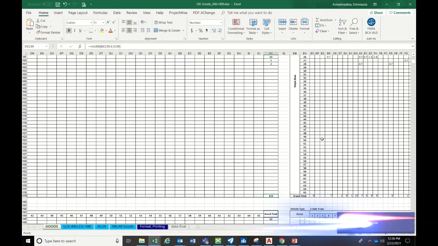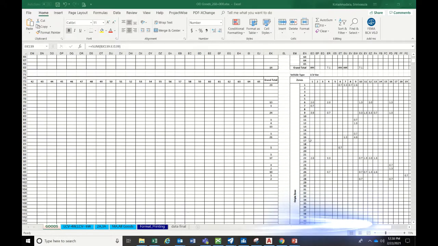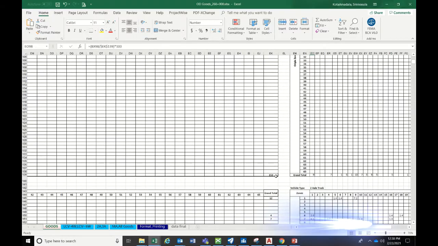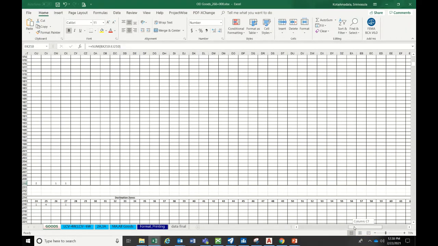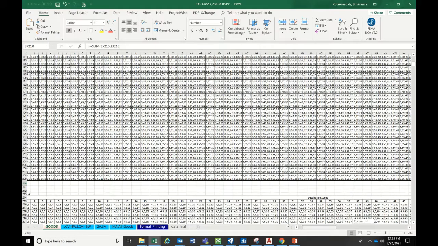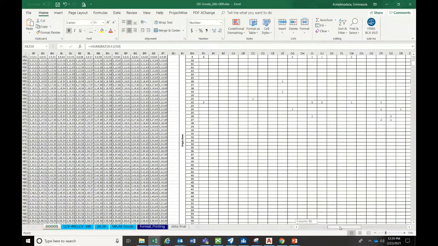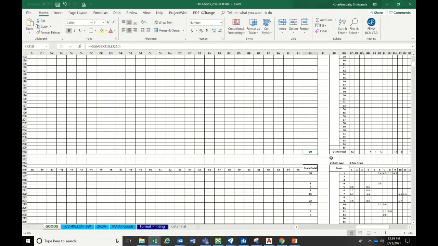Here 153 is the vehicles. Again vehicle type 3, total vehicles, how many? 69.